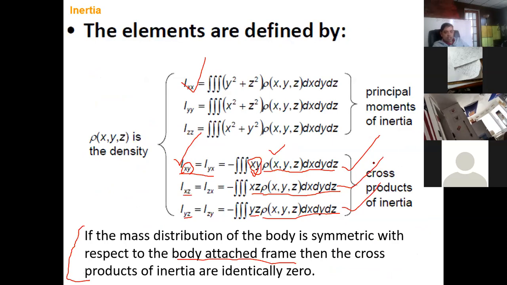That's why you call it cross product of inertia. And these all will be 0 as long as the body is symmetric with respect to the body attached frame. So this is what you need to make sure.